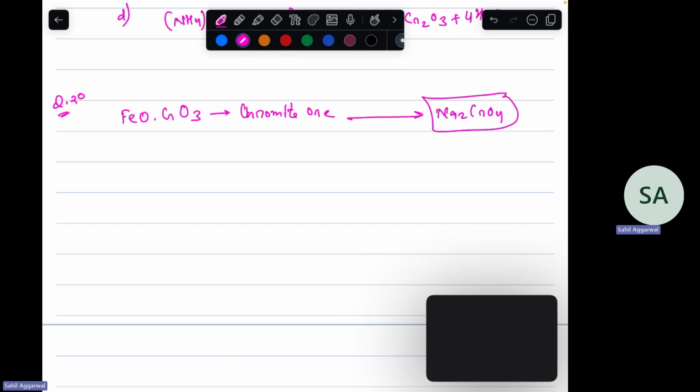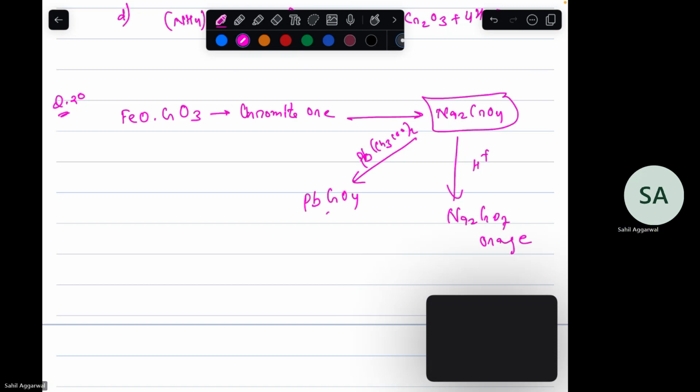This Q on acidified conditions gets converted to dichromate Na2Cr2O7, red orange color. That's correct. And with lead acetate gives PbCrO4, that's a yellow colored compound.